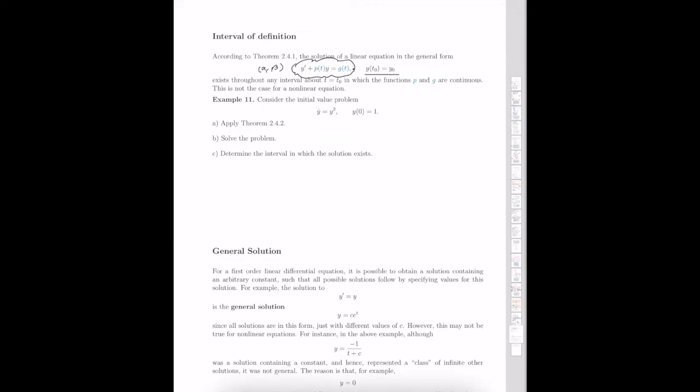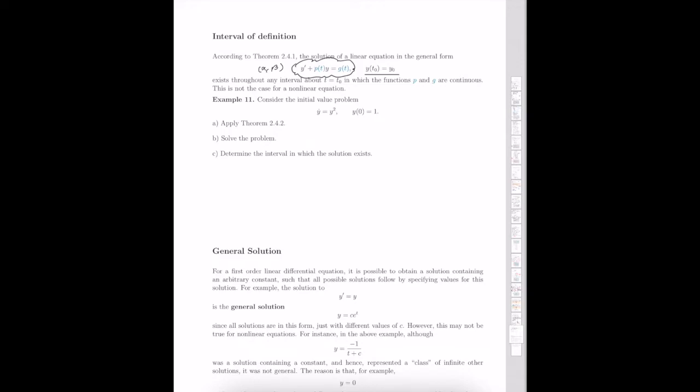So as long as p and g are continuous, the uniqueness and the existence of the solution is guaranteed. You just need to find that interval where p and g are continuous, and that interval is sufficient for being the interval of definition of the solution.